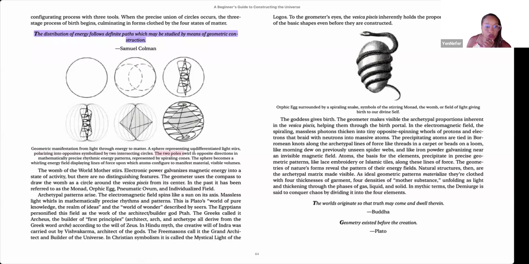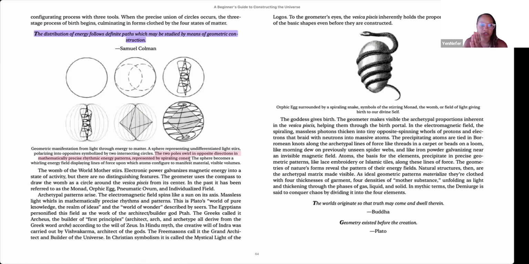The two poles swirl in opposite directions in mathematically precise rhythmic energy patterns, represented by spiraling cones. They're swirling in opposite directions, and now we have these cones representing this swirling.